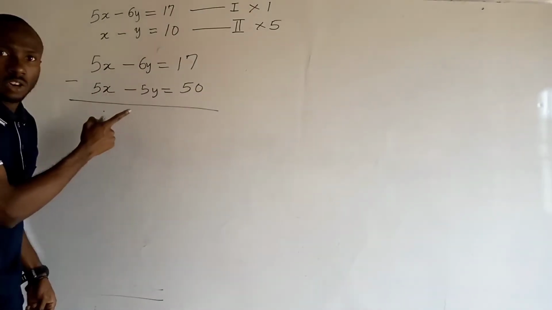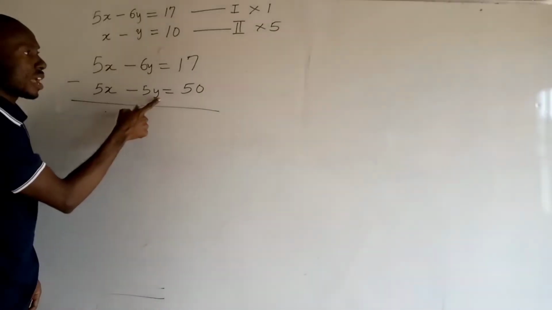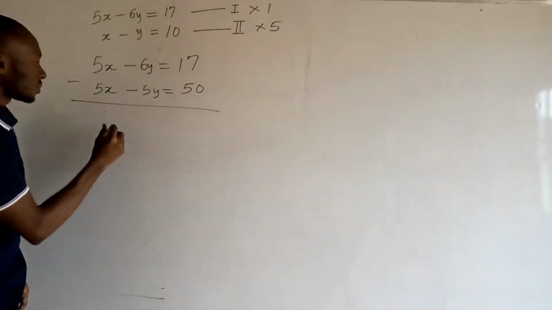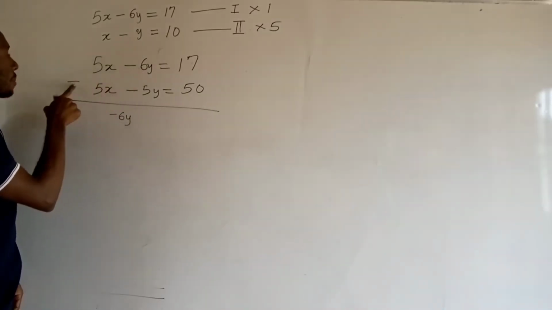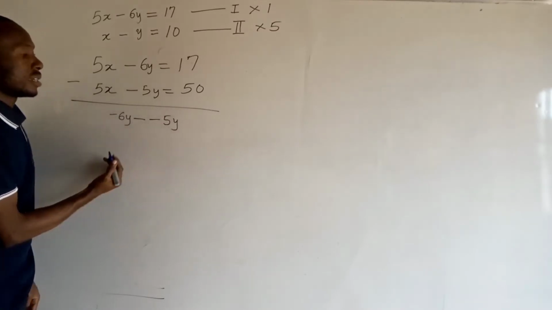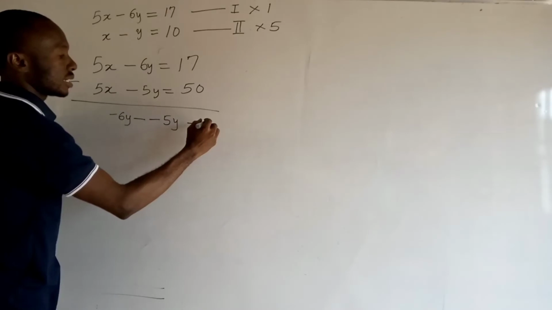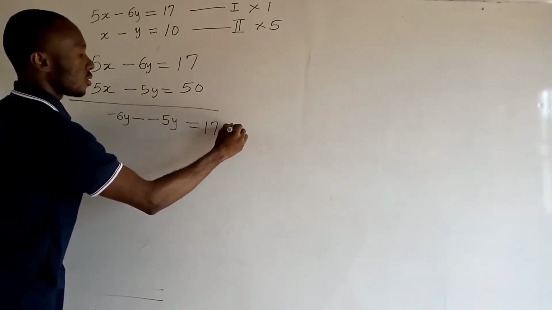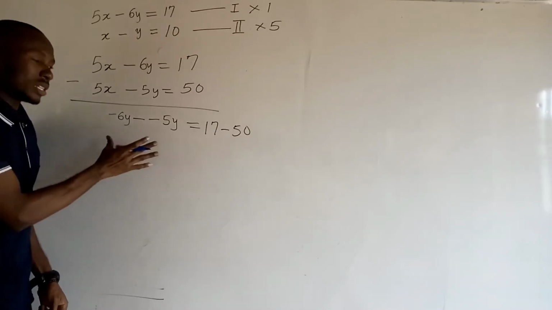Now, let us go to the other variable. Minus 6y minus 5y. Now, let me make it clearer. I have minus 6y, minus, then minus 5y, then equal to 17 minus 50. Alright, let's go and complete these workings.